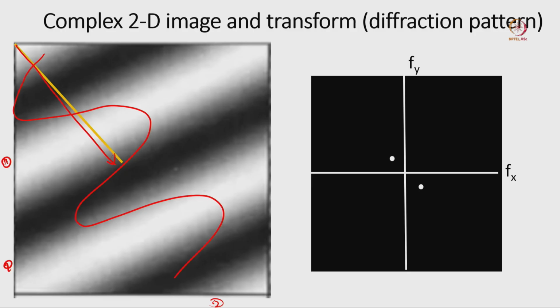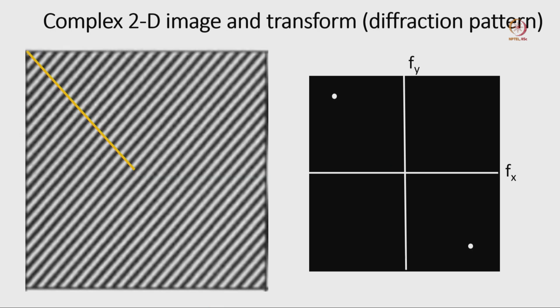So the central part will be like this, and then this is coming from the y direction. So we plot it like this, and we have a bright spot here, k equals plus 2 and k equals minus 2, because we are using that frequency to plot it.